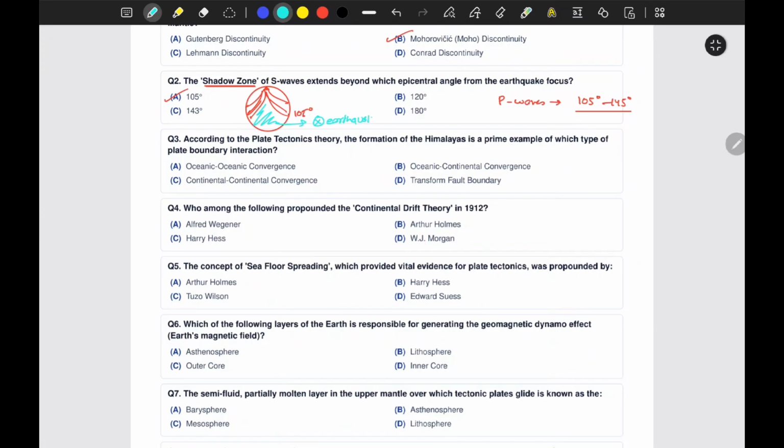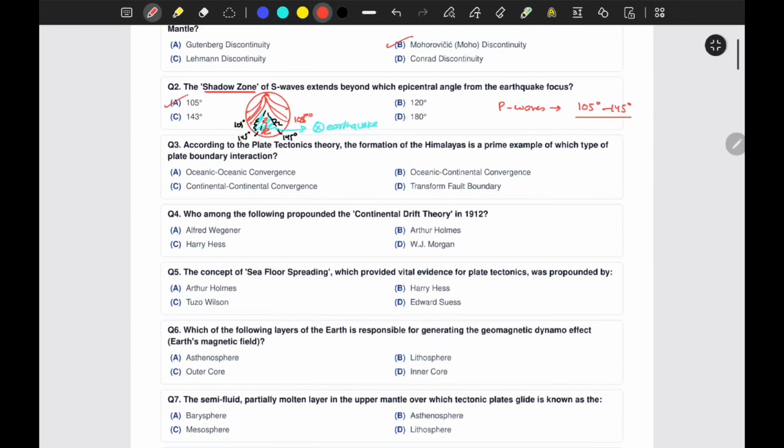So this is the shadow zone of S wave, which is 105 degree. For P waves, suppose this is 105 degree and this is 145 degree. For P waves, you won't experience earthquake in this region, whereas you will experience earthquake in this region. So this is your concept of shadow zone.